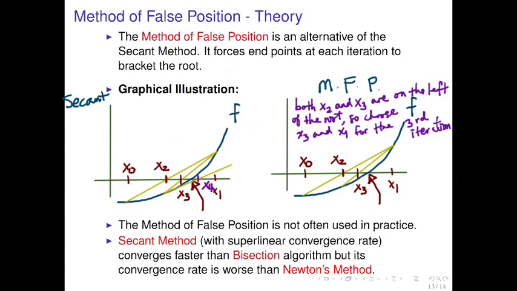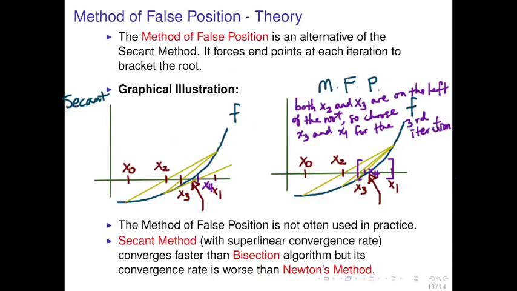Because x3 and x2 are both on the left side of the desired root, which doesn't bracket the root, we choose x3 and x1 for our next iteration. If we do that, we get the secant line between x3 and x1 to be like that. Notice that it actually gets to our desired root a little bit faster than the secant method.